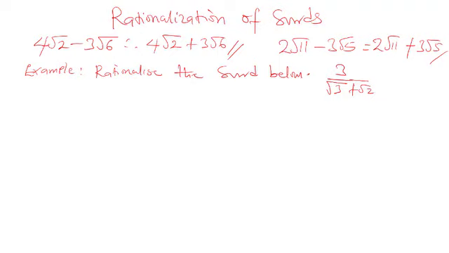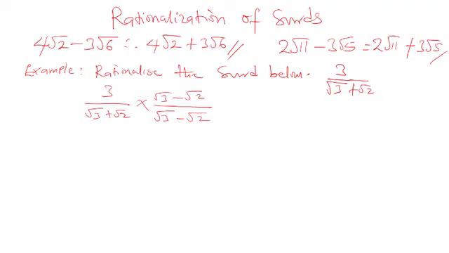You're done with your rationalization of surd. So it becomes 3 over root 3 plus root 2. Remember, the conjugate is times root 3 minus root 2 all over root 3 minus root 2. Why are we using root 3 minus root 2? So that if this cancels this, you go back to our surd.